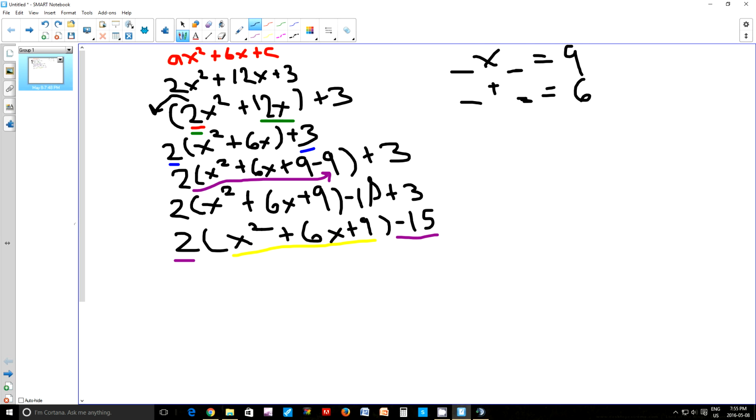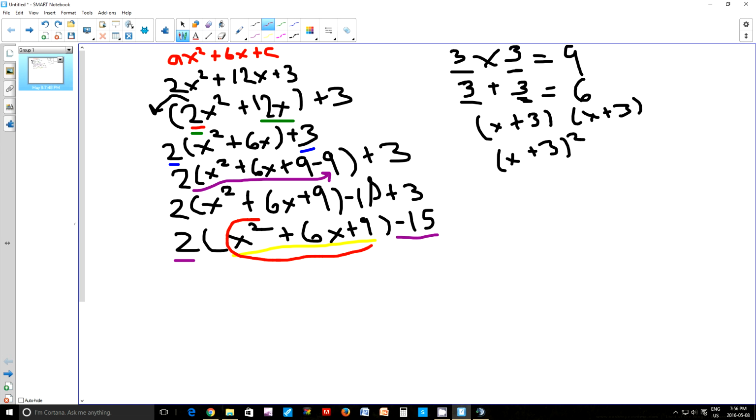You should know that by now. 3 times 3 equals 9, and 3 plus 3 equals 6. So your terms would be x plus 3 and x plus 3. But we are going to simplify it. There are two of them, so x plus 3 squared.